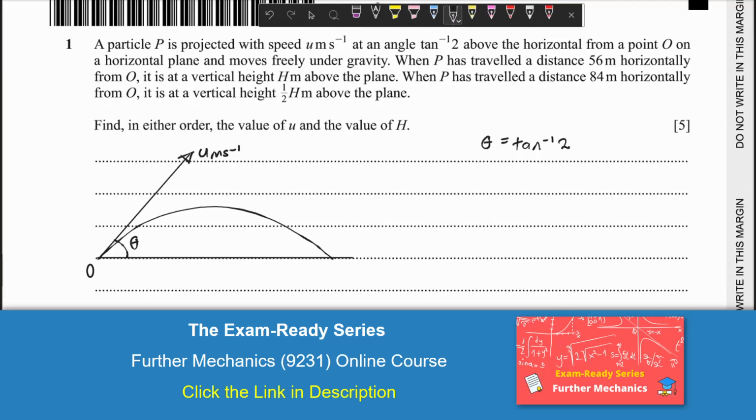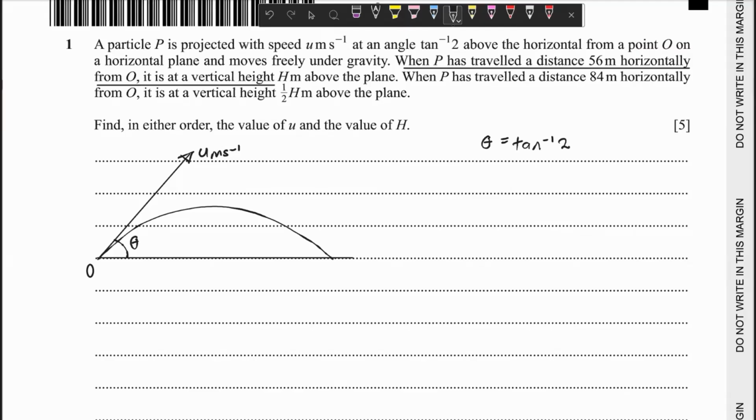Now, they say that when P has traveled a distance of 56 meters horizontally from O, it is at a vertical height h above the plane. So I'm going to take h to be the max here. So that's the point, and the coordinates would be (56, h).